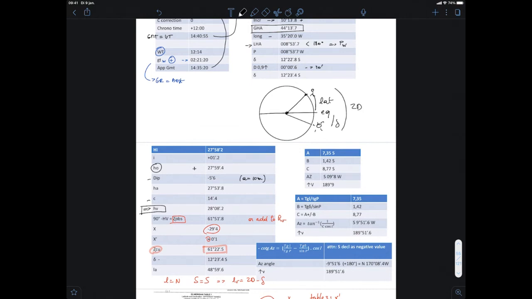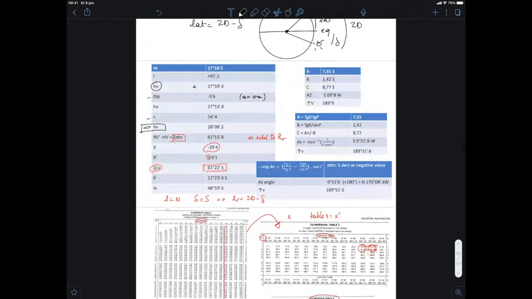Okay, so we see here that in order to obtain the latitude, we should take the zenithal distance and subtract our declination. Voilà. And so, quod erat demonstrandum, our latitude and our declination have different names, so we have to subtract the declination from the zenithal distance.